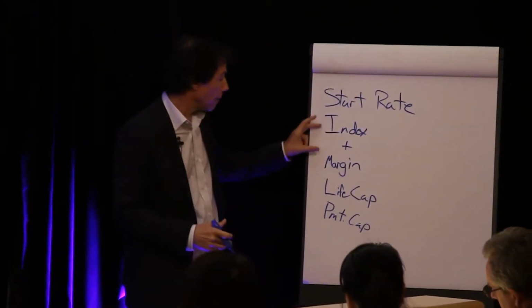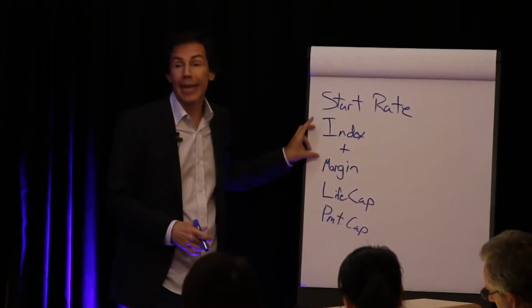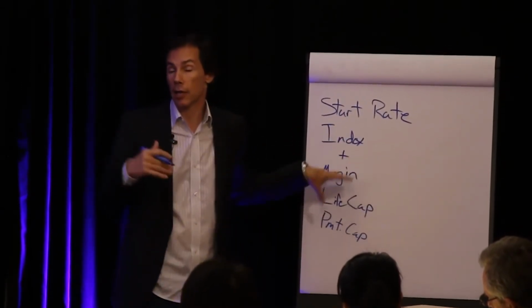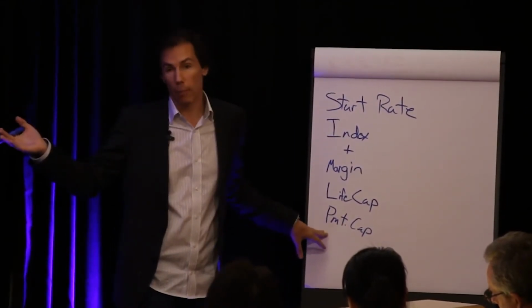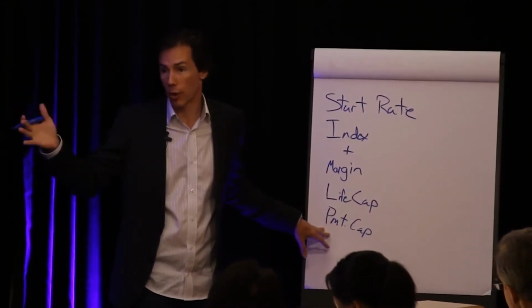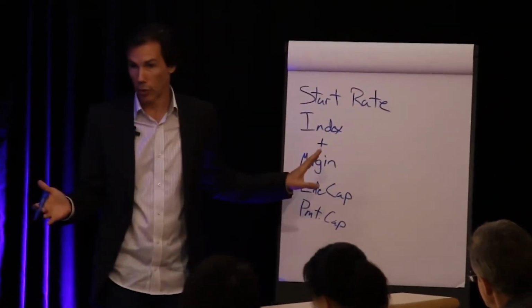But then the balance of the index plus margin and that fully indexed rate would negatively amortize and actually increase the borrower's loan balance. This became very unpopular after the financial crisis, as you probably know, okay? So you're rarely going to encounter that.